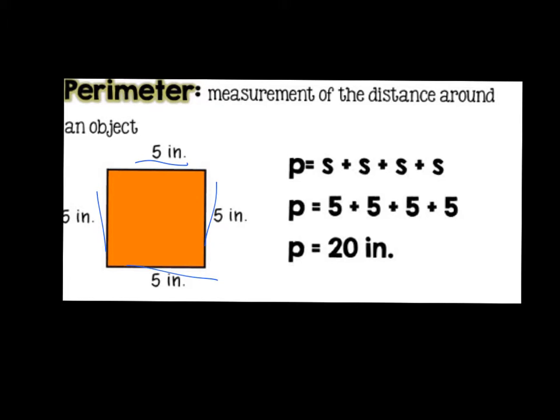So my side plus my side plus my side plus my side is going to give me my total perimeter. So my answer is 20, and the units that they're using is inches. So the distance around the outside of this square, or the perimeter of the square, is 20 inches.